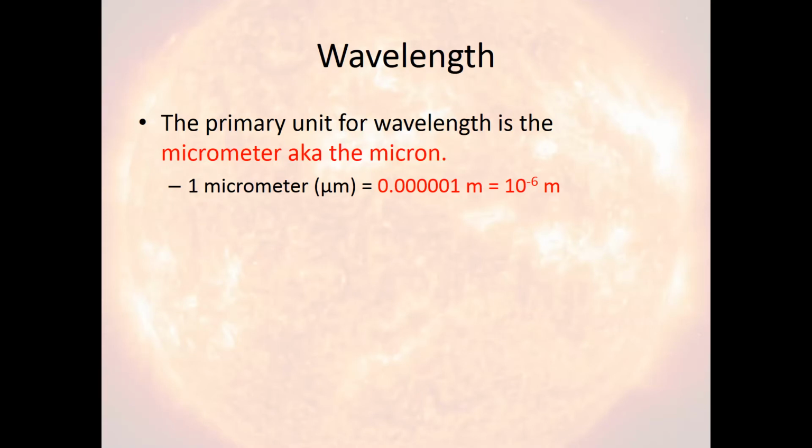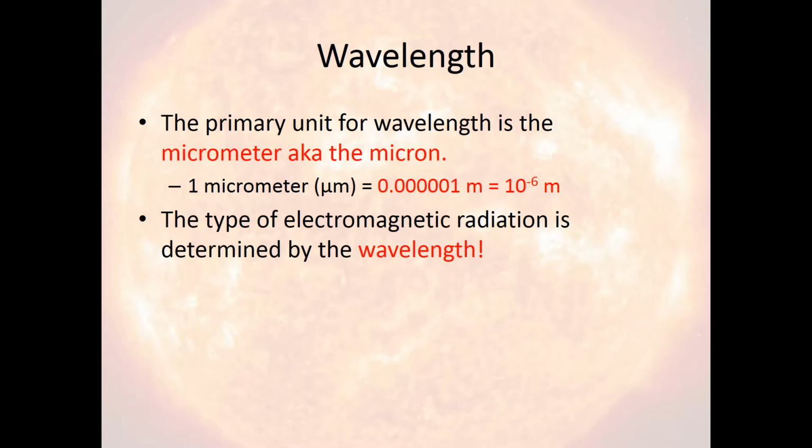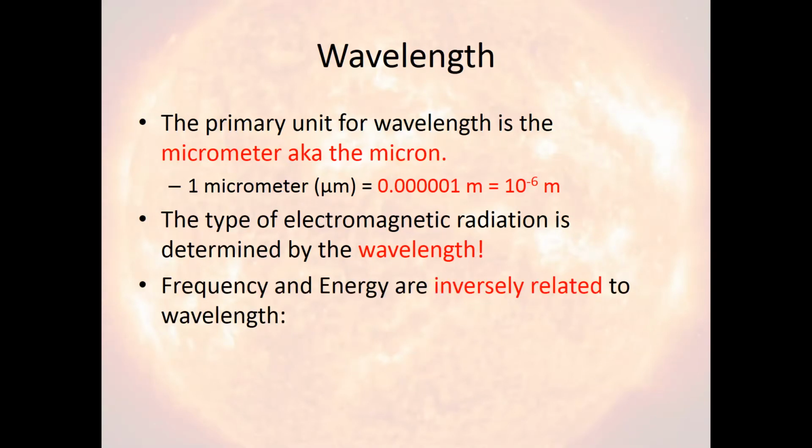So radiation wavelengths are commonly very short. As I mentioned a few moments ago, everything else we need to know about radiation is determined by its wavelength. And in fact, radiation runs the gamut of many different types of wavelengths. And we can look at that on what's called the electromagnetic spectrum.